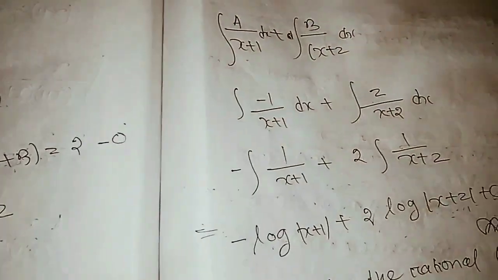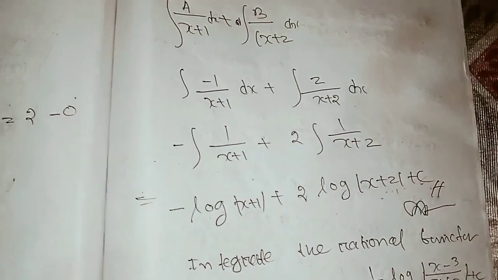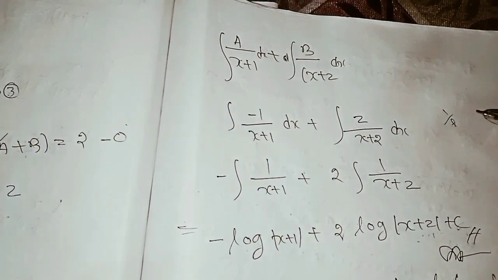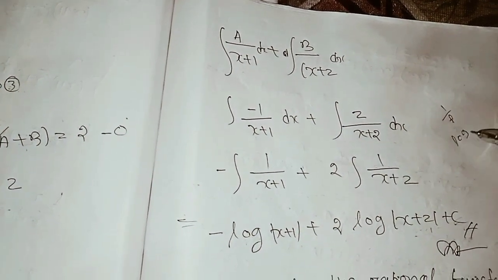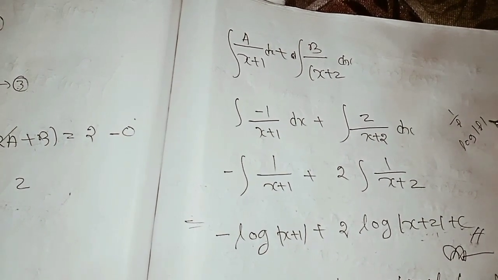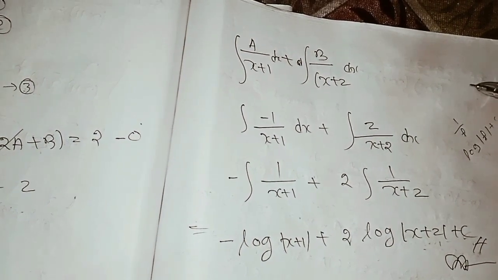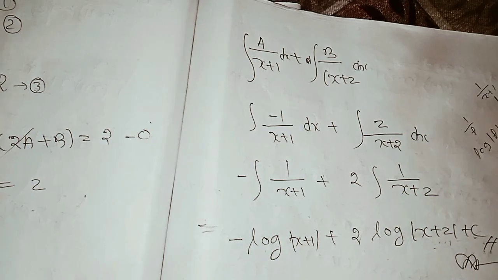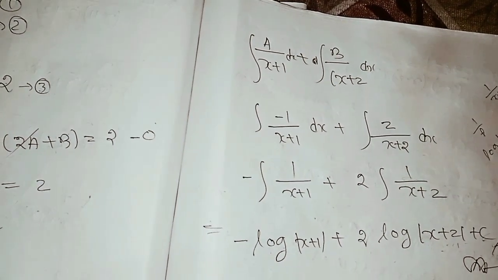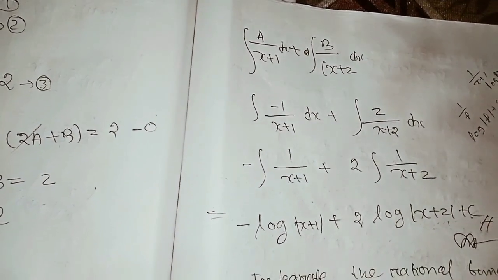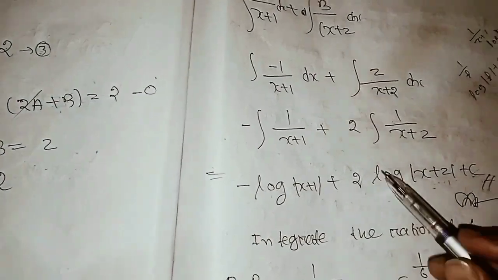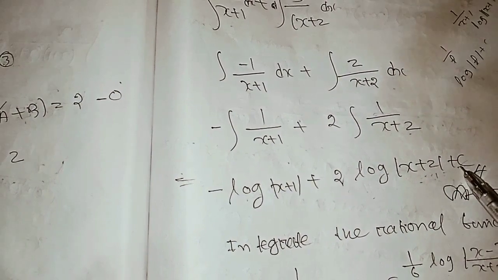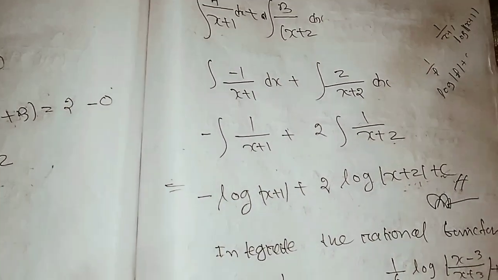Okay, if we see, let's say, 1 by t, then we write log t. Okay, if you get 1 by x plus 1, then we have to use log of modulus x plus 1. So similarly we apply this same formula. So 2 is as it is. For this, log |x plus 2| plus c. C means c is an arbitrary constant.